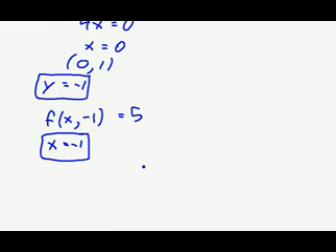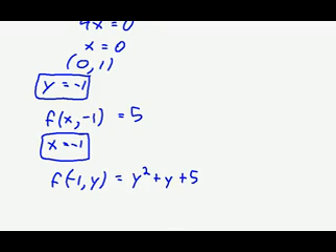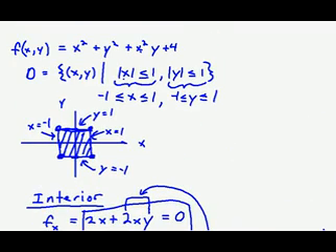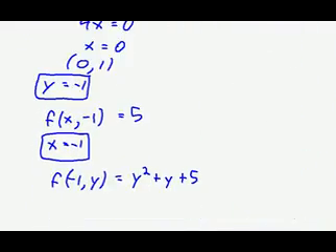If I plug in negative 1 for x, I just end up getting f(-1, y) equals y squared plus y plus 5. Let's see if you believe that. Yeah, if I plug in negative 1, then I'll have a positive 1 here, plus y squared, plus y, plus 4, which does get you y squared plus y plus 5.